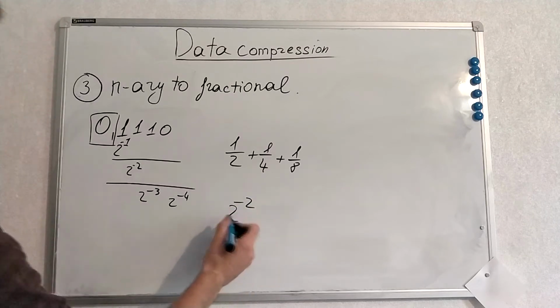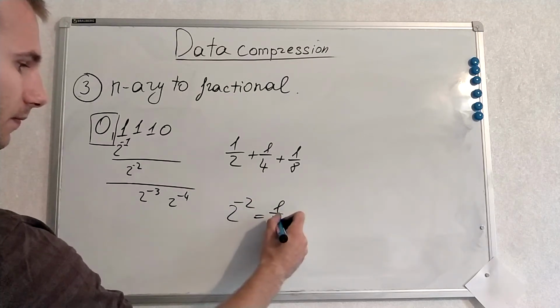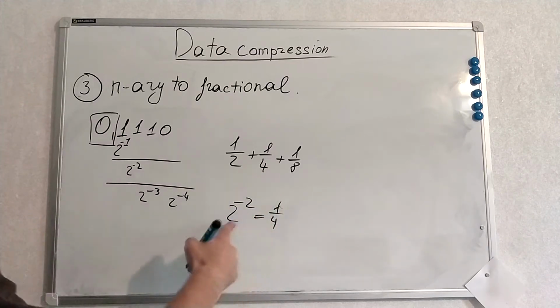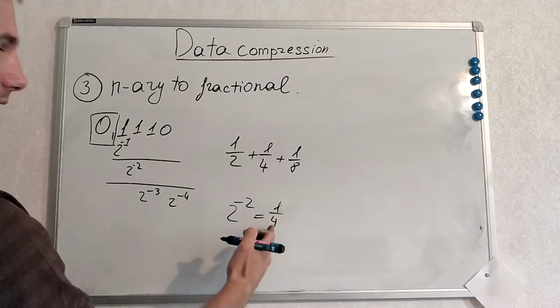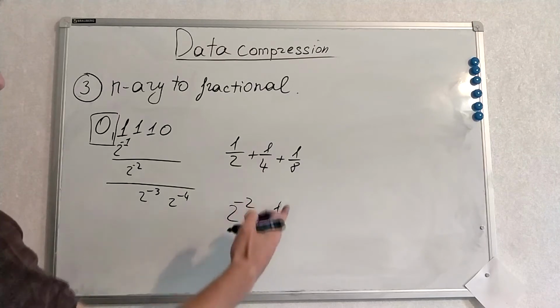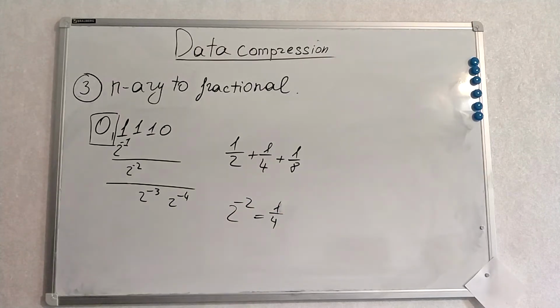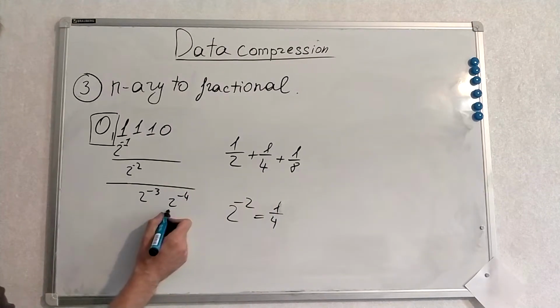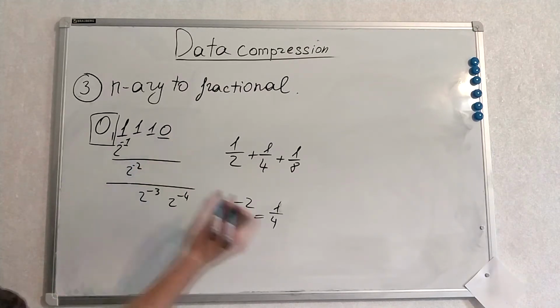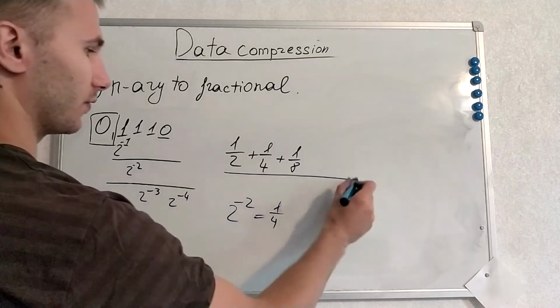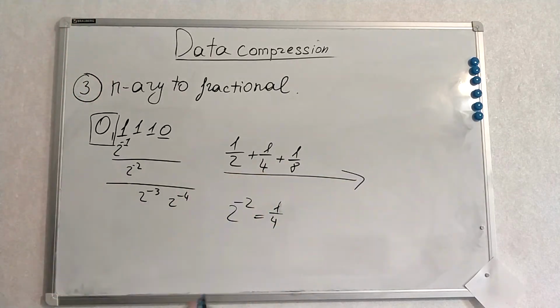2 to the minus 2 will be 1/4. It's a negative power. A negative power puts 1 on top, and the power of 2 goes in the denominator, so 1 in the numerator, 4 in the denominator. And 2 to the minus 4 is multiplied by 0. We do not think of it anymore, and it will give us some number.